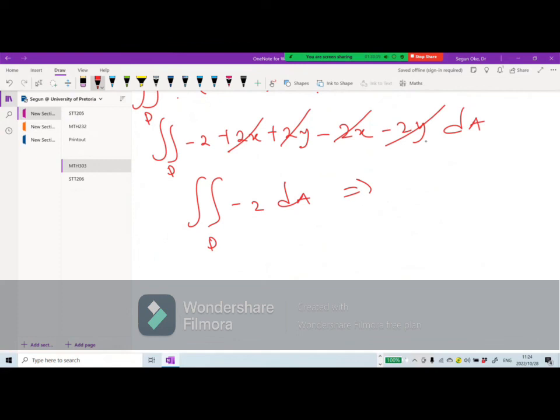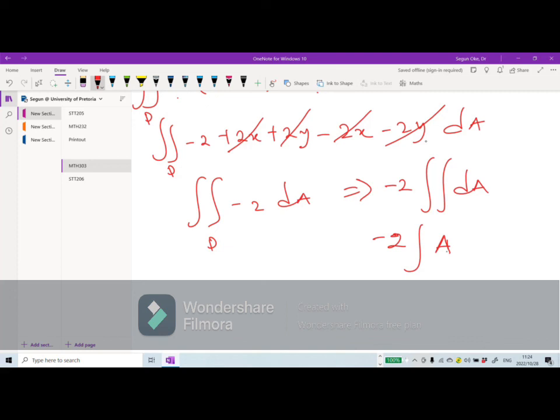So when you integrate this, you have -2 outside. Integrate a dA. What do you have? Initially, when I first integrate this one, I will have -2 into a, because it will cancel.